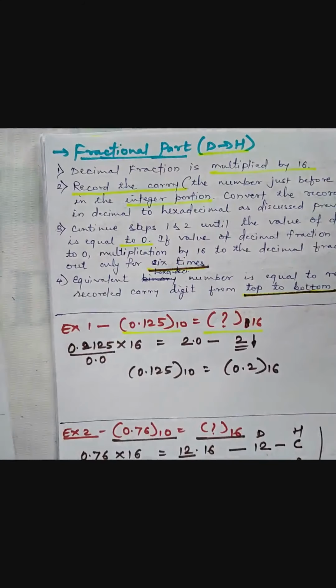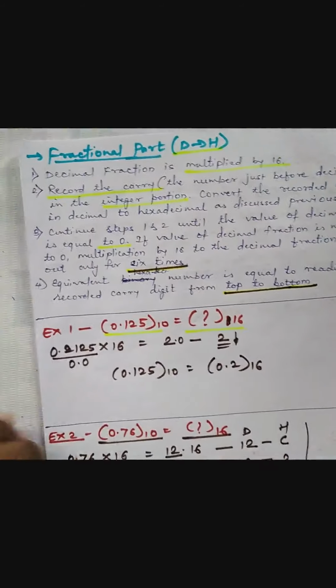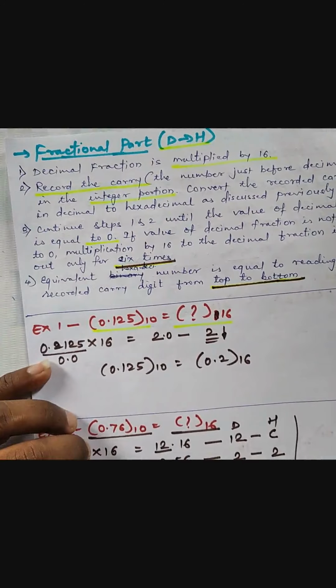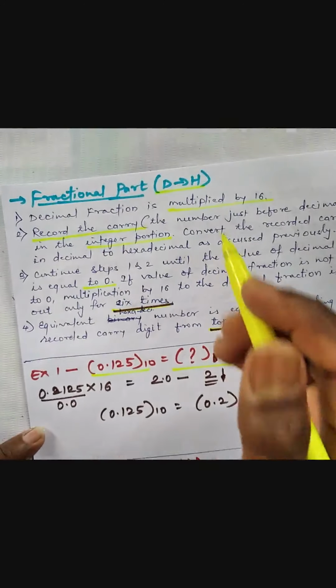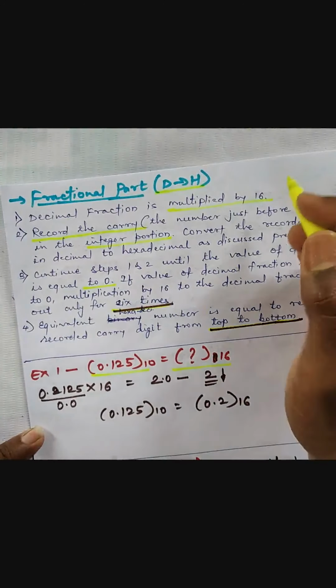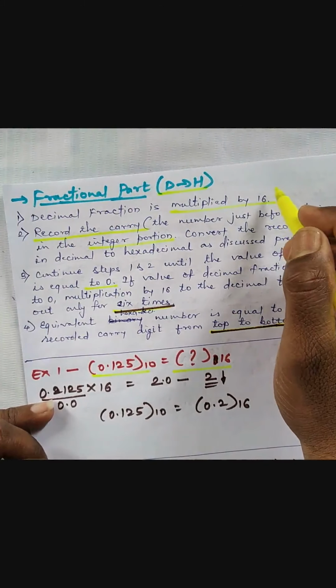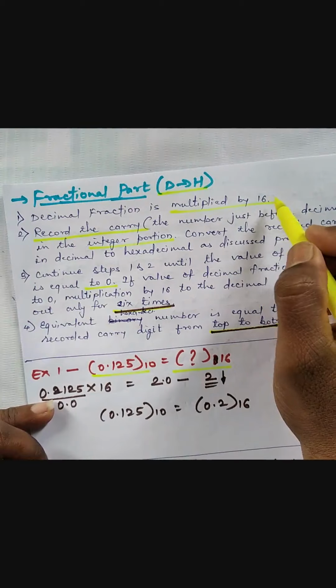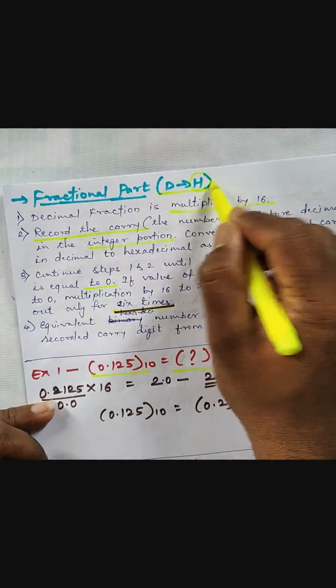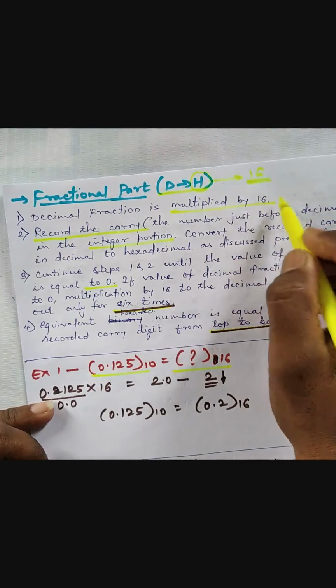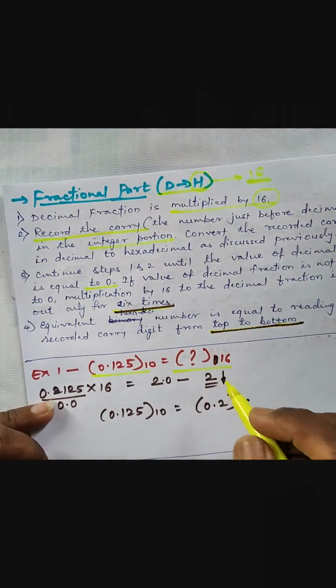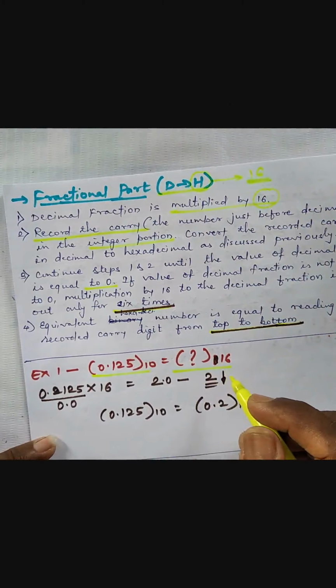Now let us try to see the conversion of the fractional part. Again here the method remains the same, just we have to change the number which we are supposed to multiply. And as the base of hexadecimal is 16, we are supposed to do repeated multiplication by 16.